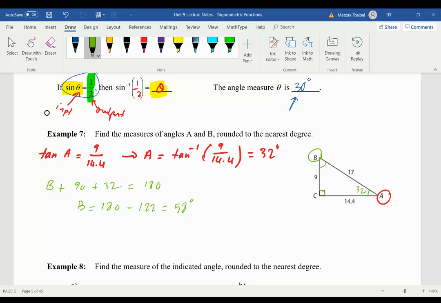And of course, we could use a trig function to find this angle as well.